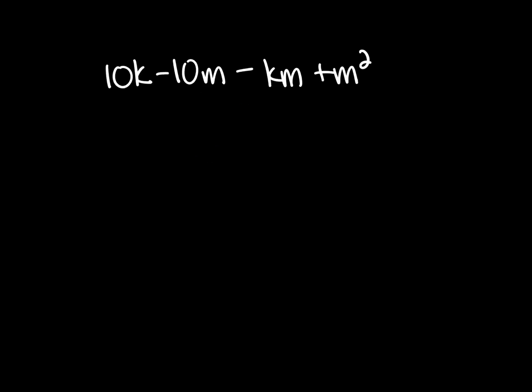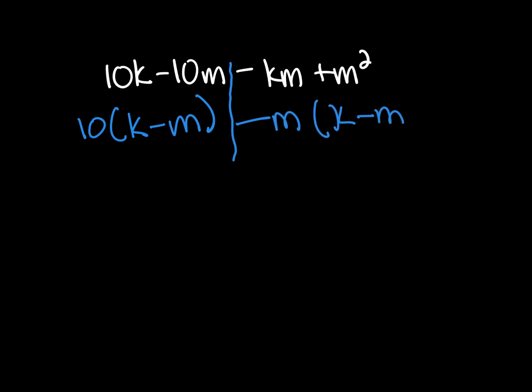Same thing here. I can see there are 1, 2, 3, 4 terms. I'm going to go ahead and split my problem into 2 groups. On the left side, the GCF is 10, so I'm left with k minus m. On the right side, the GCF is negative m, which also leaves me with k minus m.